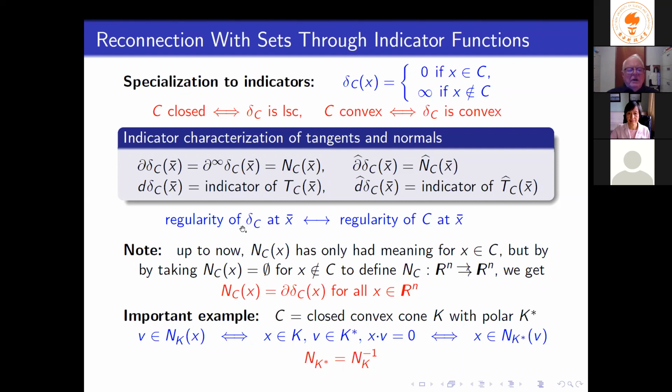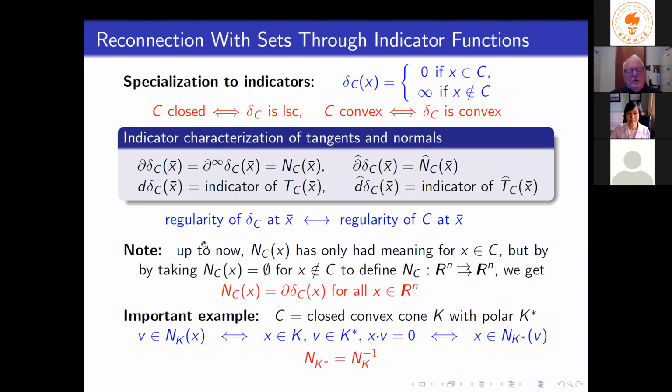And likewise, the variational regularity of the indicator corresponds to the variational regularity of the set. Now that's kind of obvious and trivial, but there's something much more important to it than is shown, at least if we treat it right, because it shows that every result that we have about functions can tell us something about sets. And in second order theory, that will be especially important.